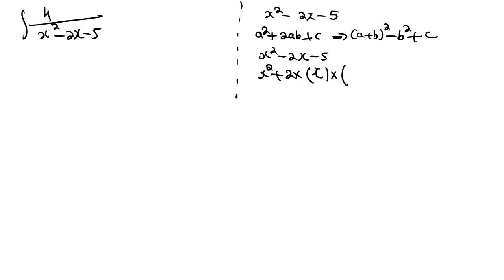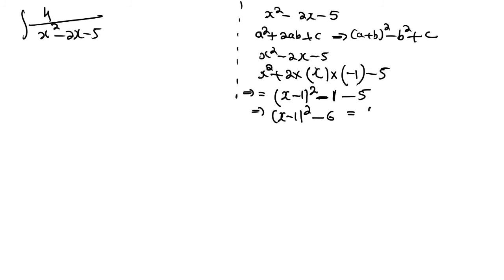To get minus 2x, your b must be equal to minus 1. Then c value is there. You need to rewrite it as a plus b, x minus 1 whole square, minus b square, and b square is 1. C value is equal to minus 5. So this implies x minus 1 whole square minus 6.